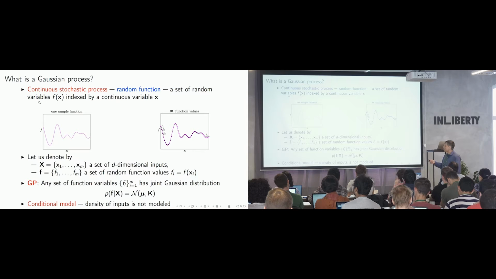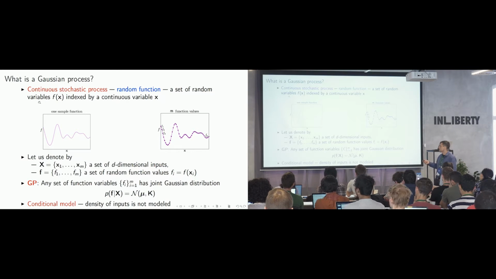And so we assume that our function actually is a trajectory of some stochastic process. So x, in the one-dimensional case, can be interpreted as time, but in general, x is a multidimensional vector. And so f of x is some stochastic variable. And so for different values of x, we get some random values.